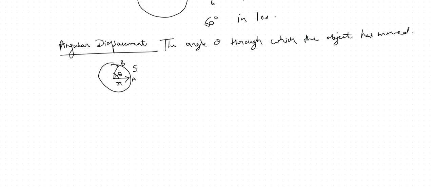So the angle in radians is defined as the length of the arc divided by the radius. Let's say the angle is theta.